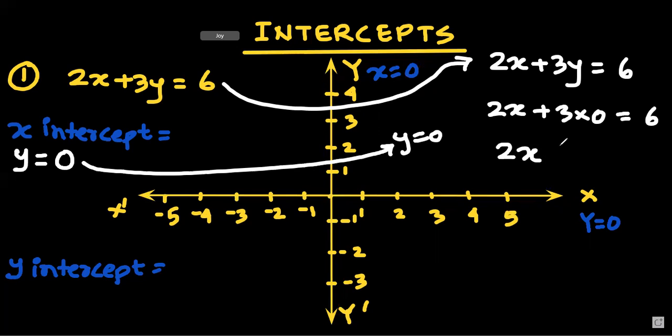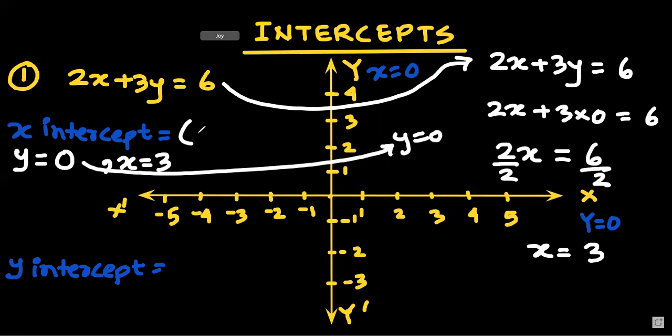So 2x, since 3 times 0 is 0, equals 6. Divide both sides by 2 and you will get x equals 6 over 2, which is 3. So when y equals 0, x equals 3, right? So your point should be (3, 0). Done. Next.